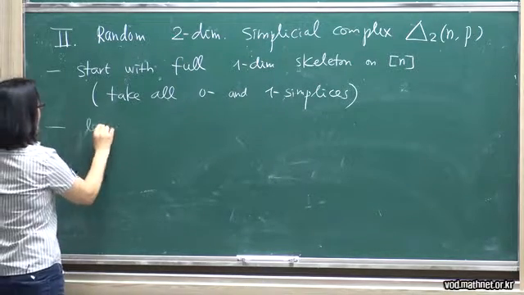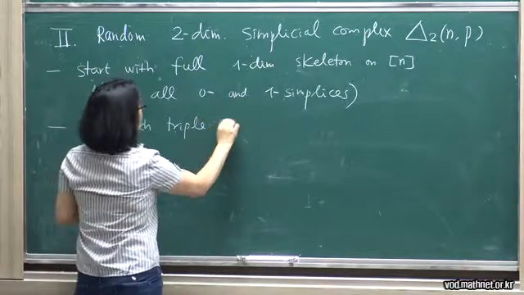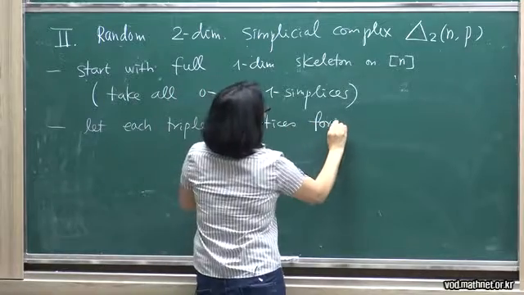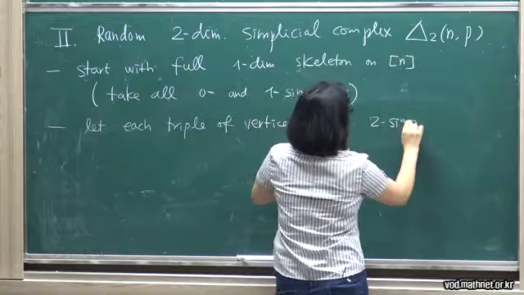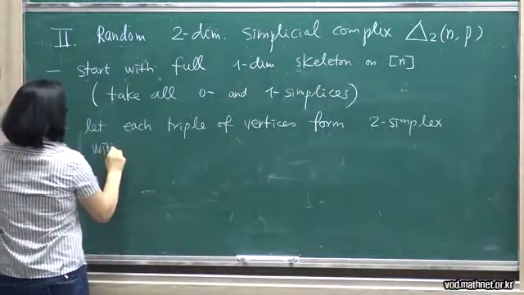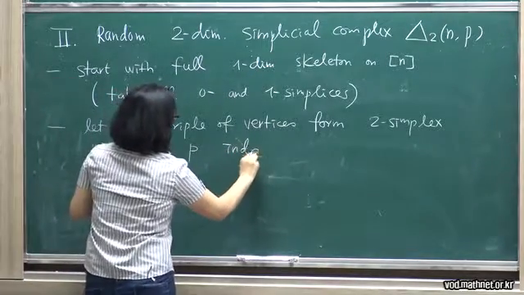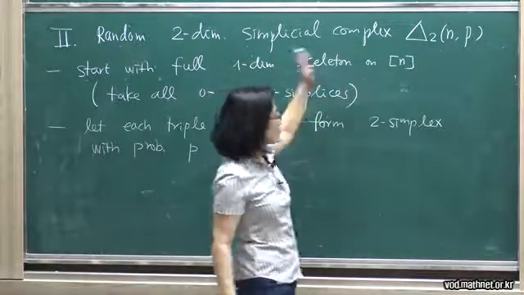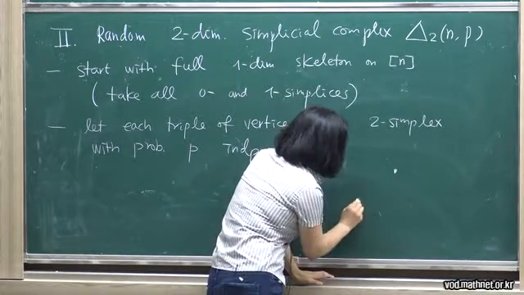And now comes the random part: we let each triple of vertices form a 2-simplex with probability p independently. The picture might say more. My universe will later be large, but to visualize it's easy to have just 4 vertices.